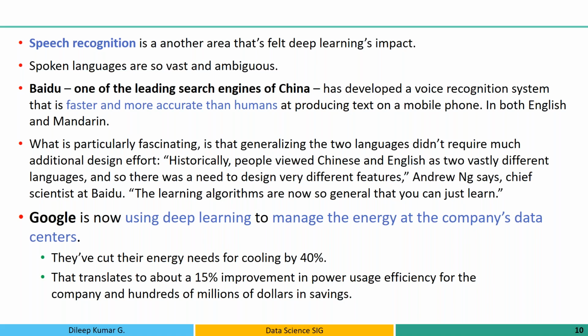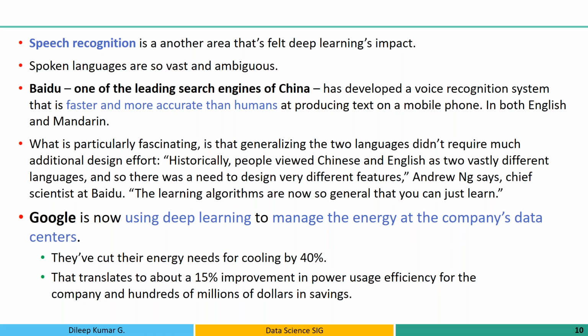Google is using deep learning, and it has managed to reduce energy consumption by up to 40%. Google has huge data, and to make the data available, their database servers and data centers must be running, so they consume a lot of power.